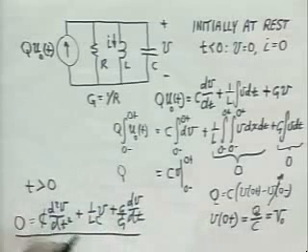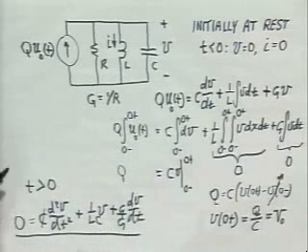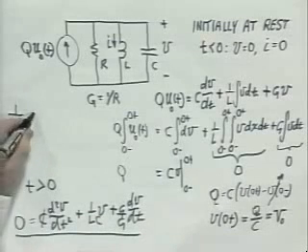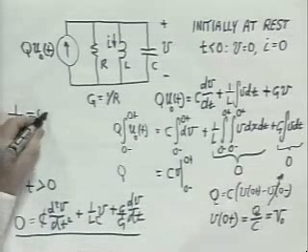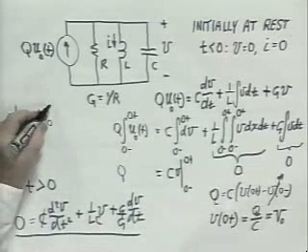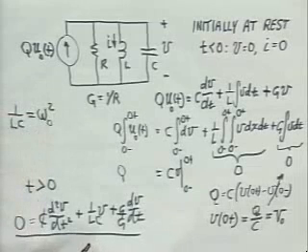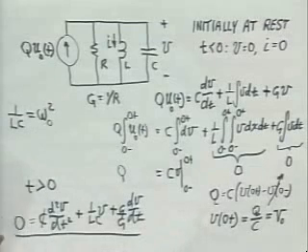And then I'd like to introduce two coefficients, specifically 1 over LC. We will call it omega naught squared, some frequency omega naught. Omega naught turns out to be the natural resonant frequency of the circuit with no damping.